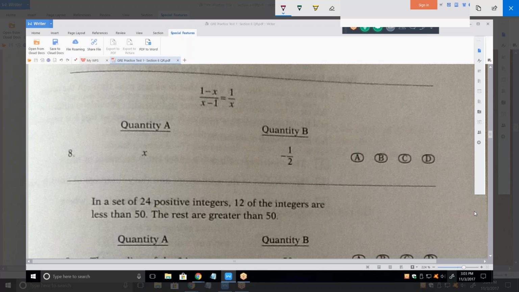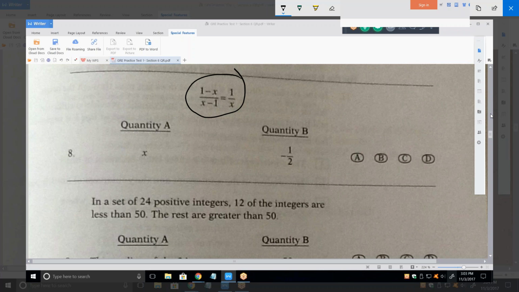Now, most of these problems, I would say I have to solve by plugging in numbers. But not this one. This one is a straight algebra problem. In other words, we have an equation. We can solve for x.